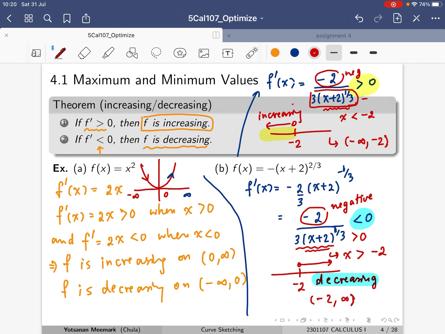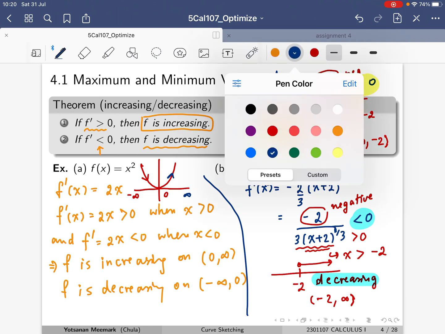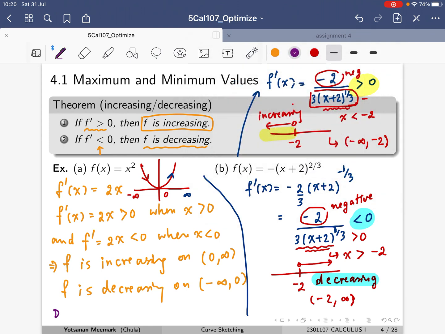One thing that you may need to notice, which we are going to let you do by yourself at home, is: how about your f prime at -2?